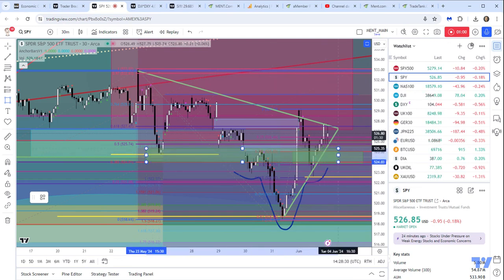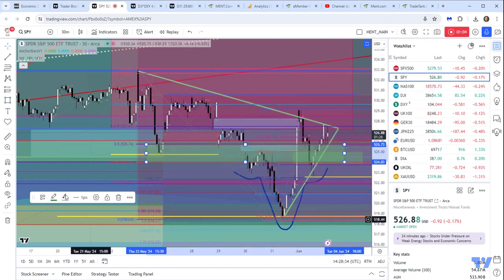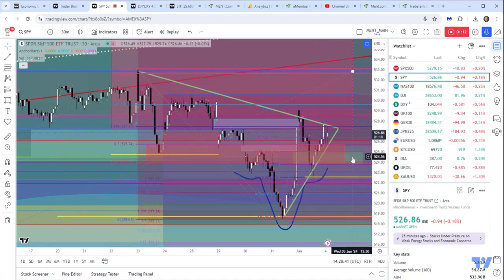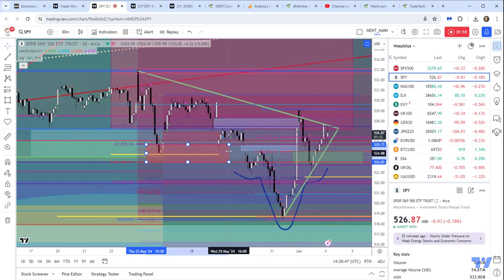So here's our key resistance. And here's our key support over here. We're already above resistance. So pay attention to the fact that this is our major resistance area.